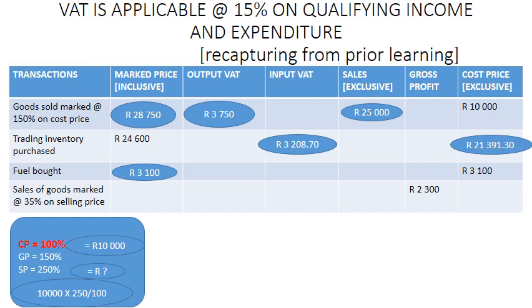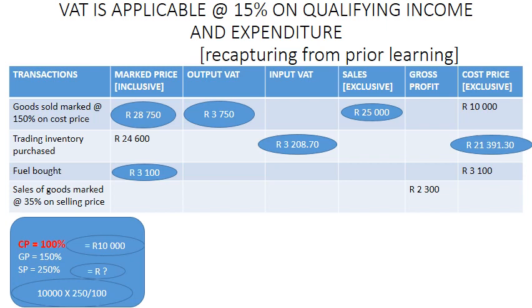The amounts that are not given in this line are the mark price, including VAT, the output VAT, the selling price excluding VAT, and the cost price excluding VAT.